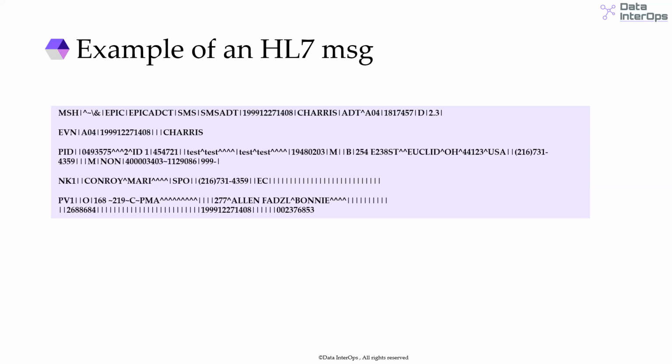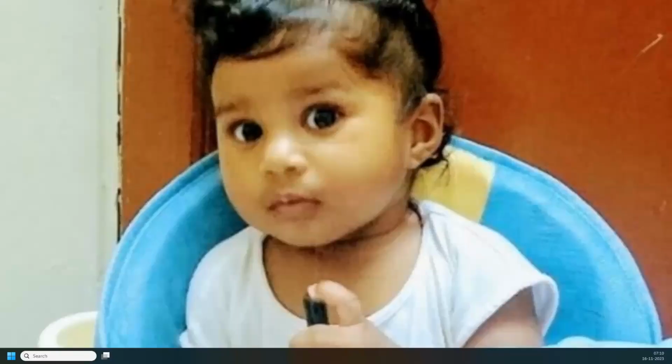There is further classification as well, but we will halt there, at segments and fields and components, right? So let's understand how we go about reading the HL7 message first. If you are given any HL7 message, let's see how to read it. And then we will jump into all the various events that we have in the real-time world.